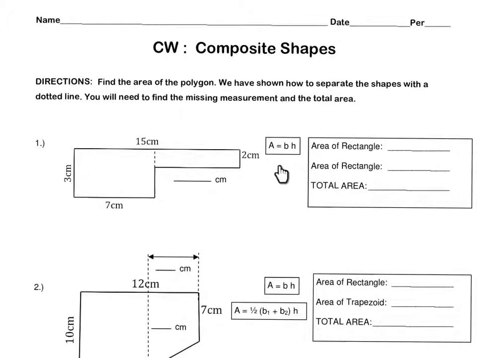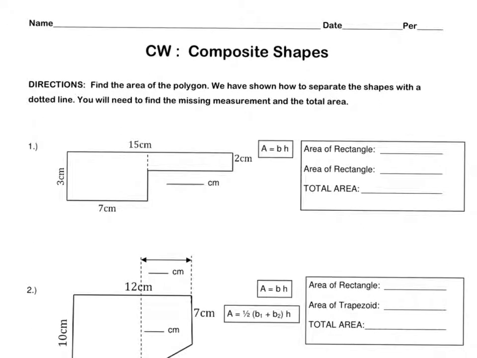So let's look at this first shape. I'm going to outline it in yellow, and we're going to go with this shape right there. All right, so we can see that the numbers we need are 3 and 7. We don't have to find them because they're there.